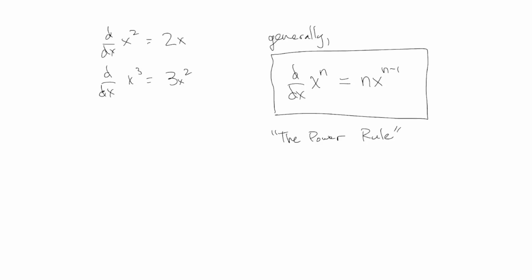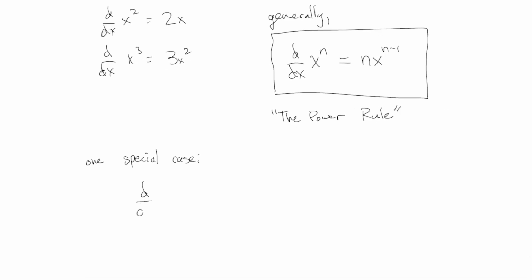There is one special case of the power rule which is important. It looks slightly different, but one special case would be, I'll just write it. What is the derivative of just x by itself with no power? Now, I want to try and somehow fit it into this formula here, but there's no exponent written.